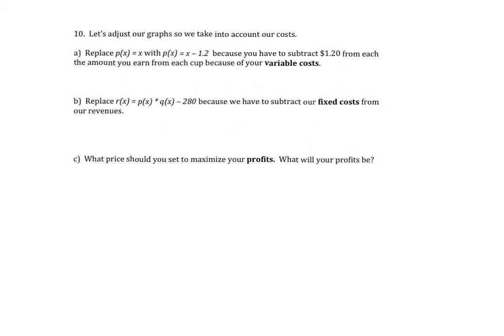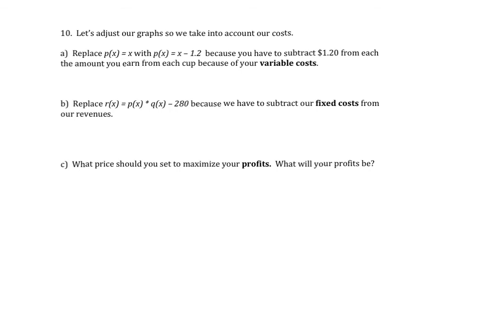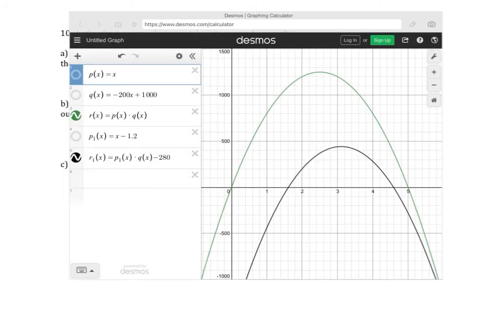So now we're going to have to adjust our graphs, and I'll show you what we're going to do and explain why we're doing that. Okay, so let's look at what we have here. So we still have our original P of x equals x. But now we have a P1 of x equals x minus 1.2.